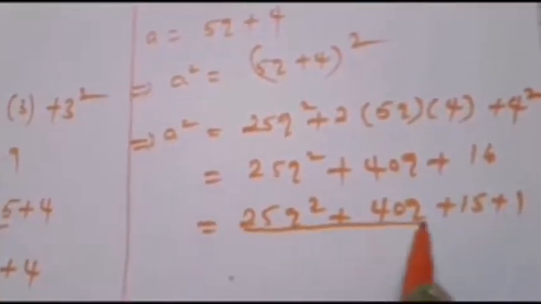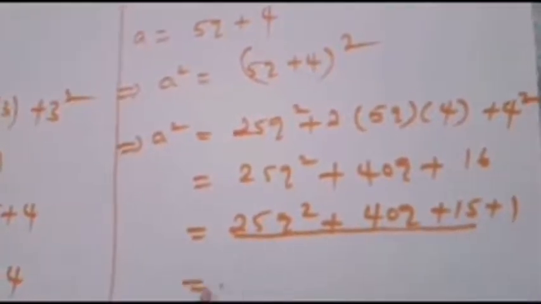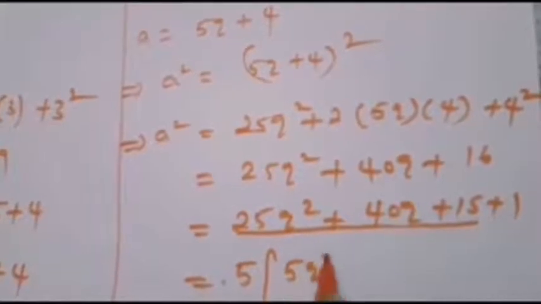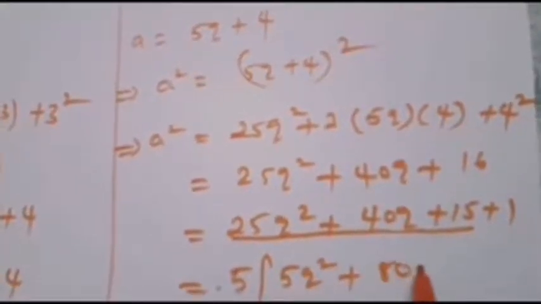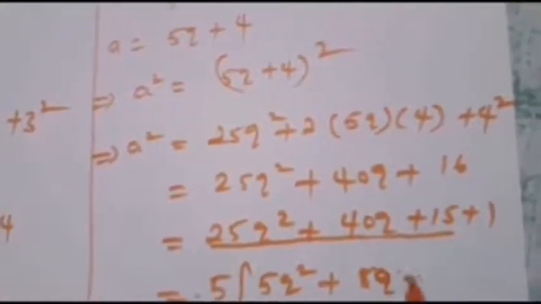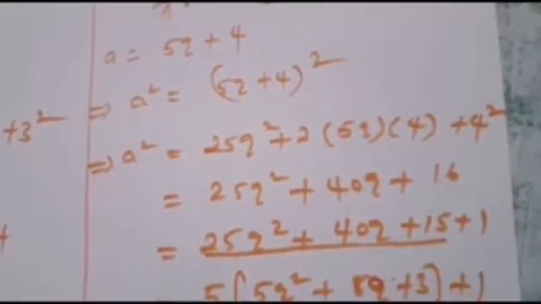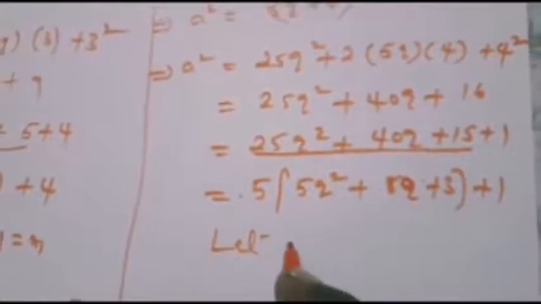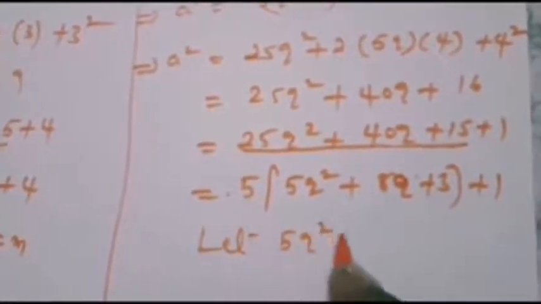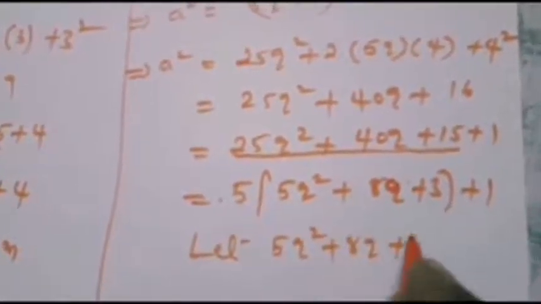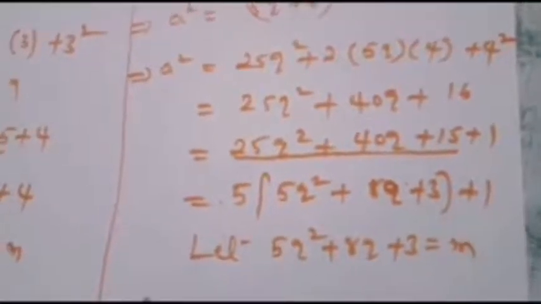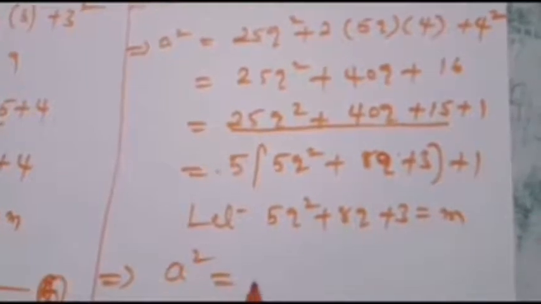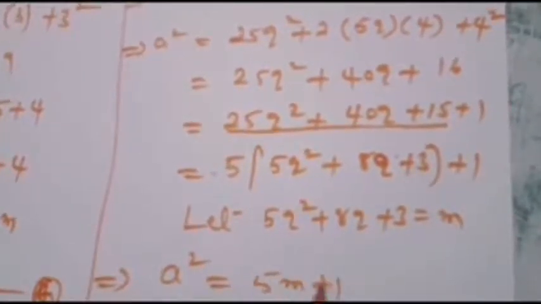Let me take 5 common from all this: 5 fives are 25, 5 eights are 40, 5 threes are 15. So let us assume 5q square plus 8q plus 3 equals m. Then I will write a square equals 5m plus 1.